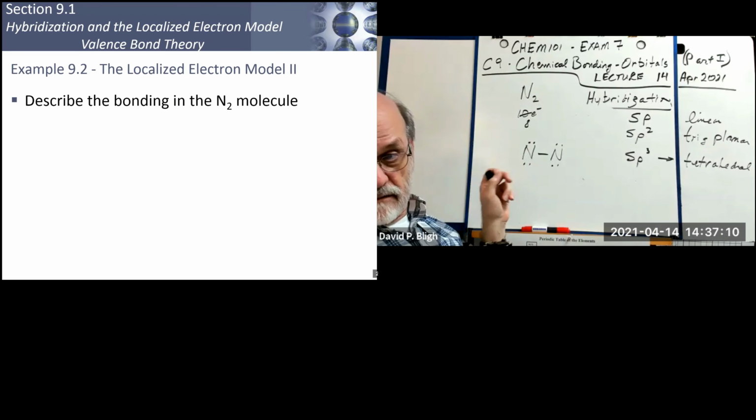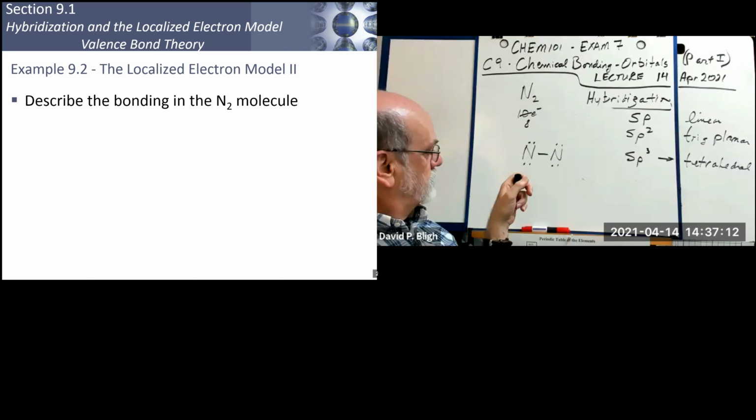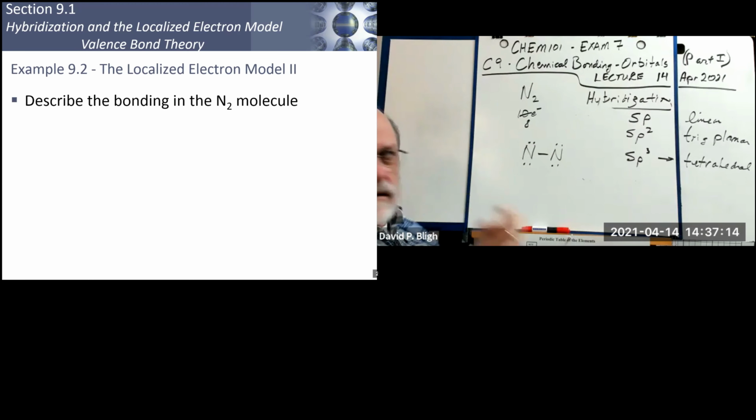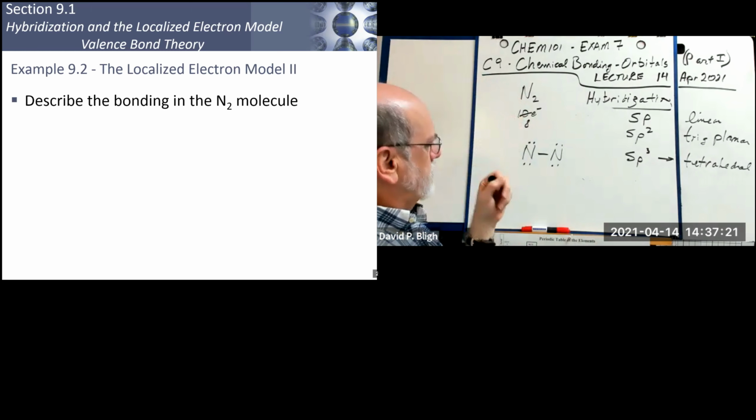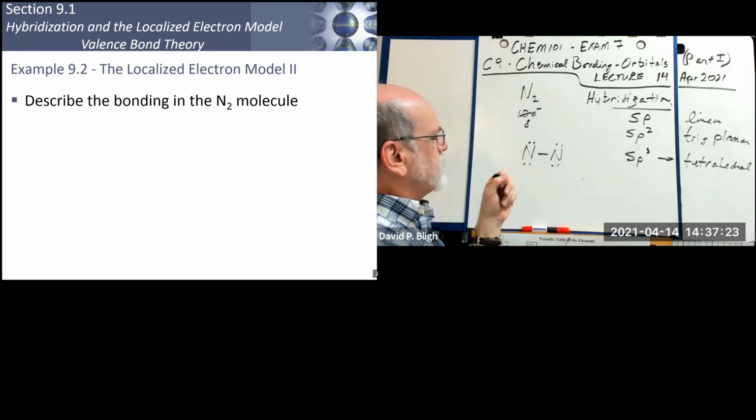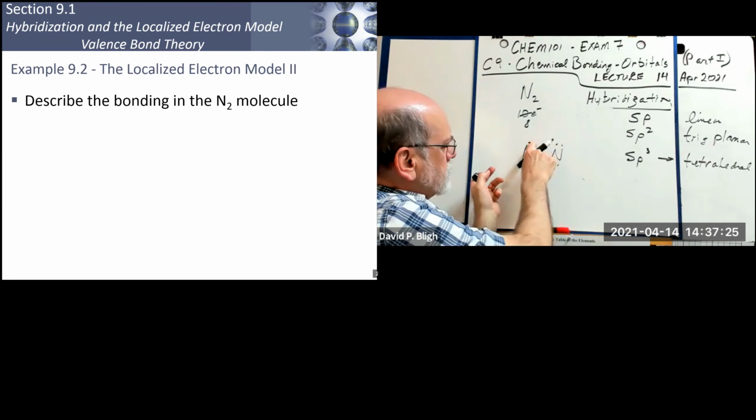Now we need to make, is that right? Nitrogen, 1, 2, 3, 4, 5. 5, 10. Yeah, that's right. 2, there's 8. 2, 4, 6, 8.